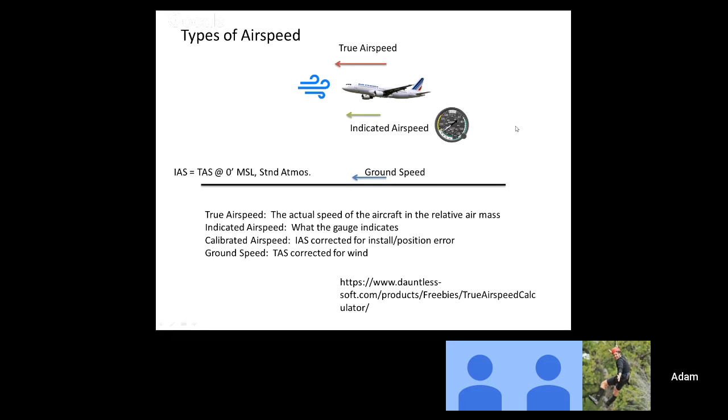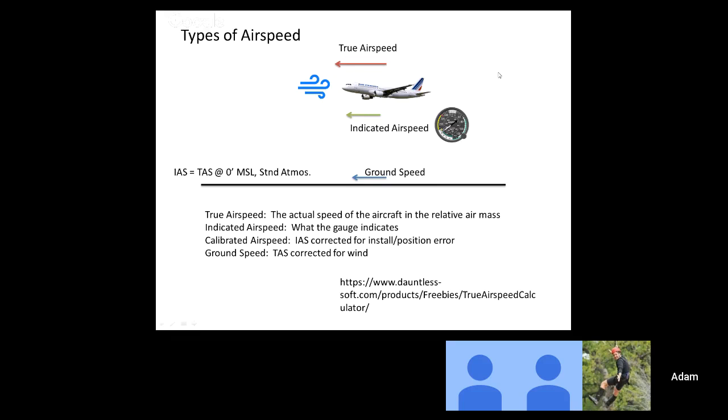So typically you just won't handle indicated airspeed that much. You'll know that it's on your gauge, and if someone asks you what's your indicated airspeed, you'll know where to look. But for flight planning and performance purposes, you're typically looking at true airspeed and of course ground speed.